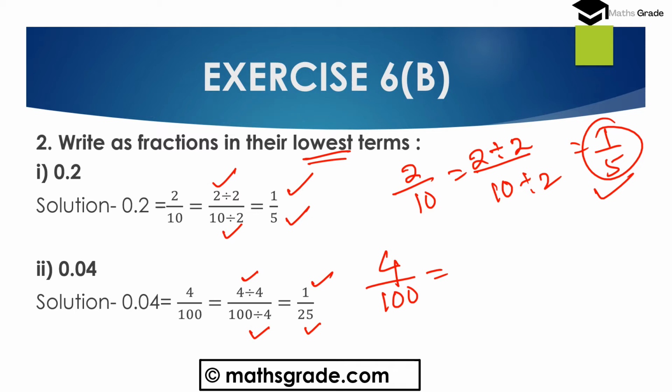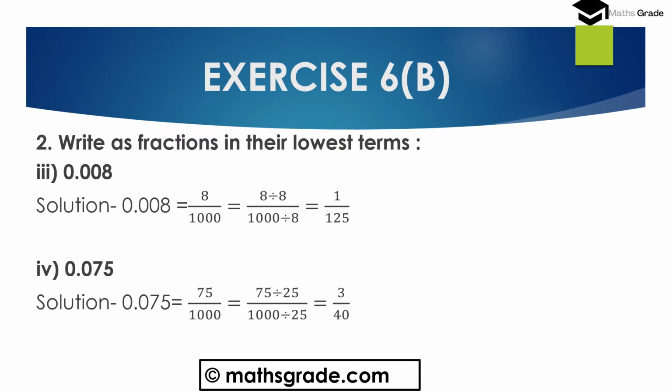Now it is 1 divided by 25, which is in the lowest term. So 0.2 is 2 divided by 10, that is 1 divided by 5, and 0.04 is 4 divided by 100, that is 1 divided by 25, in simplest form.